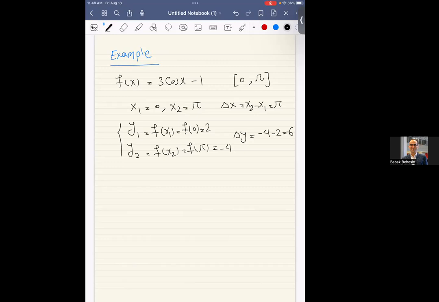So the average rate of change for this interval is delta y divided by delta x, that is equal to -6 over pi.